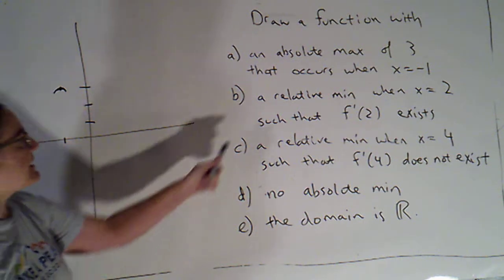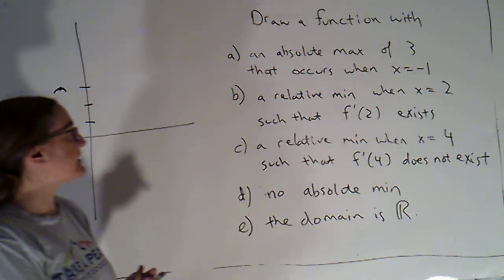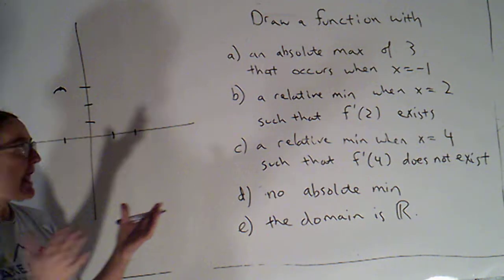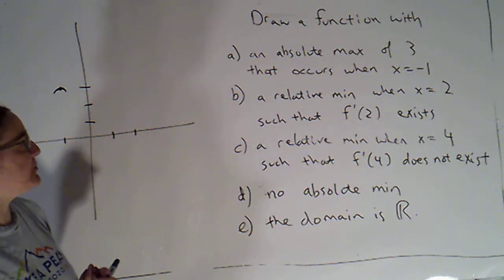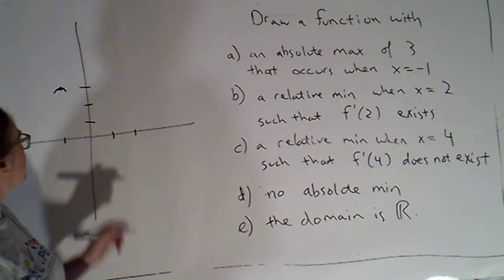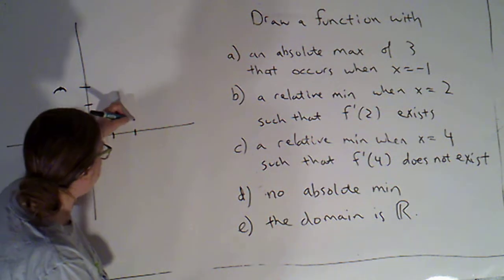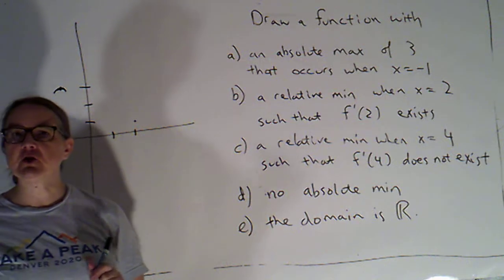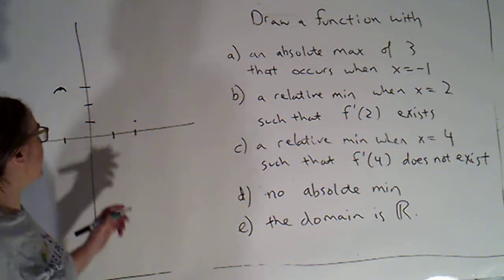Now I want to have a relative min when x is 2, and I can decide how high or low I want that to be, but it has to be lower than 3 because that's my absolute max. So I think I'm just going to put it at 1. But I want f prime of 2 to exist.